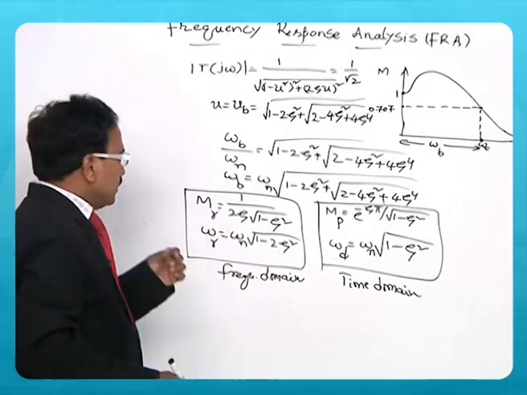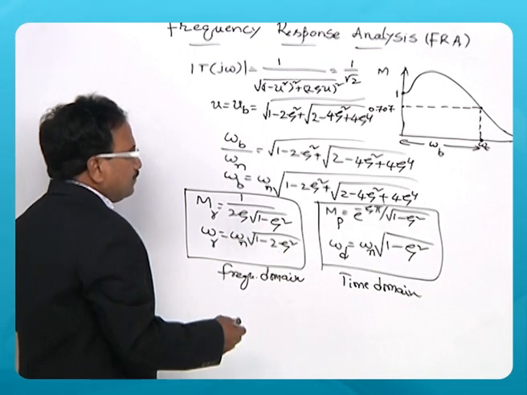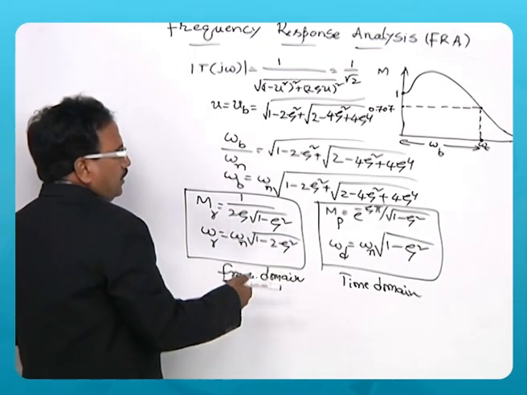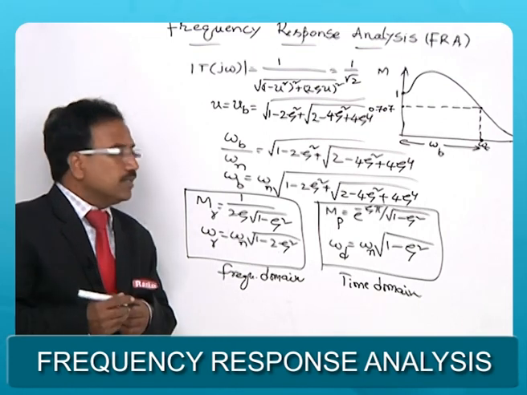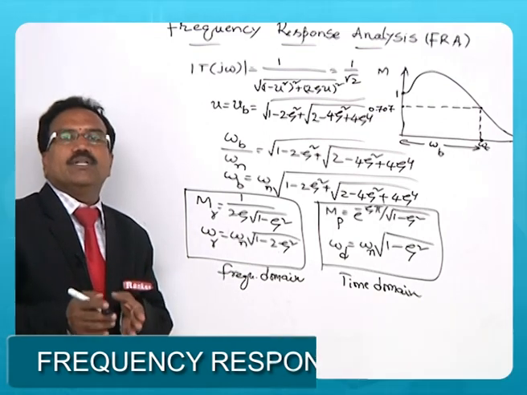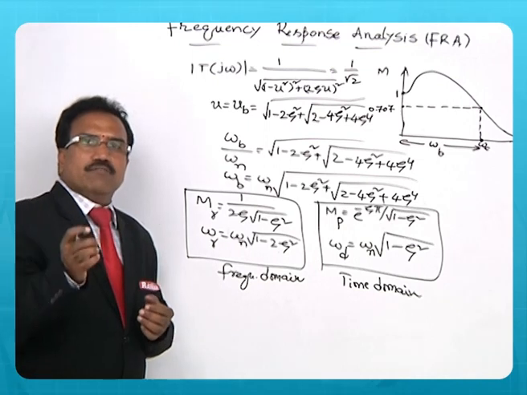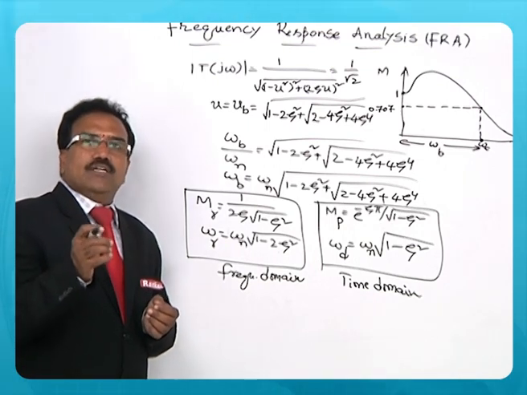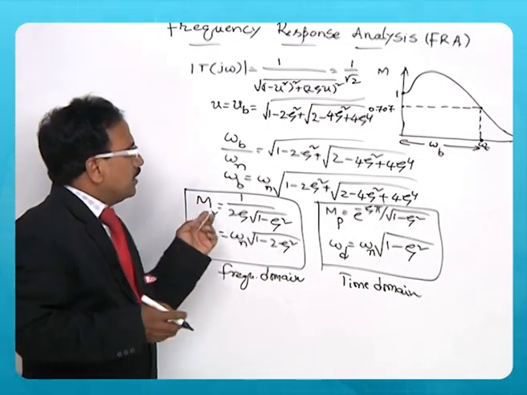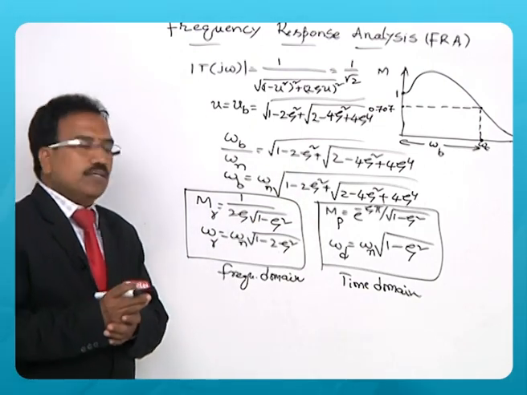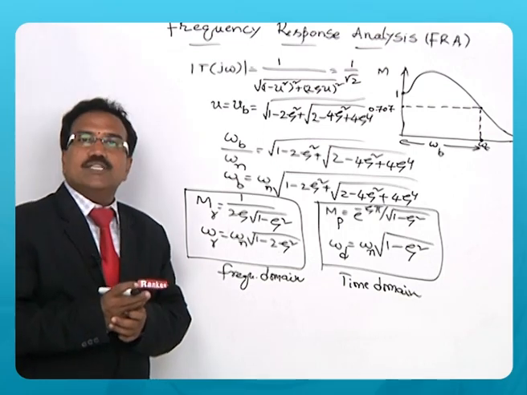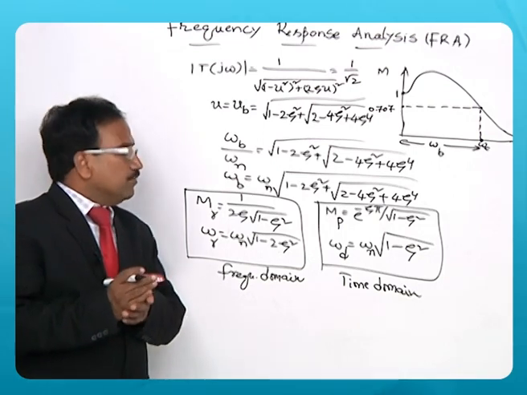So with the help of these, you can see now the peak overshoot or resonant peak, both are independent of omega n. They depend only on zeta. So the value of zeta will decide the resonant peak or peak overshoot. Whether it is time domain or frequency domain, zeta is an important factor to decide whether the given peak overshoots are within the limits.